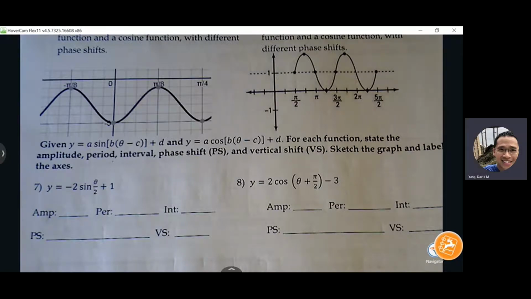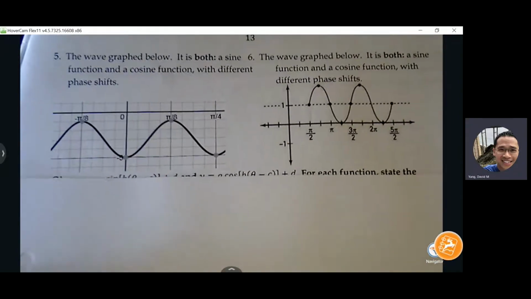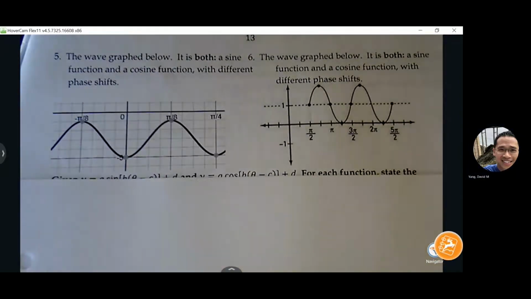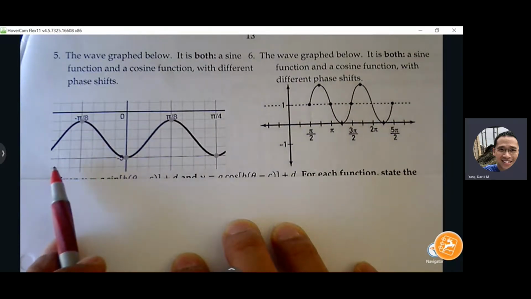Okay, so something a little different about this graph here. What's different about this graph that we haven't quite experienced yet? Is the graph centered at 0? It's not, right? So there's a vertical shift component here. So I think the first thing I like to do is to figure out where that center is. So can you visualize where the center of this graph is?